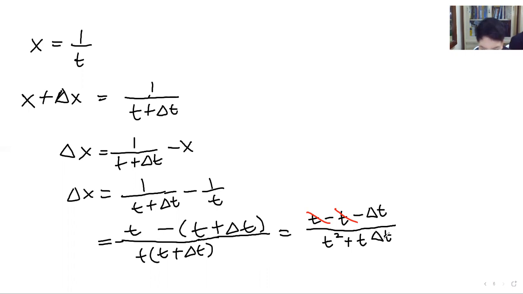So all in all, that equals negative delta t over t squared plus t delta t.